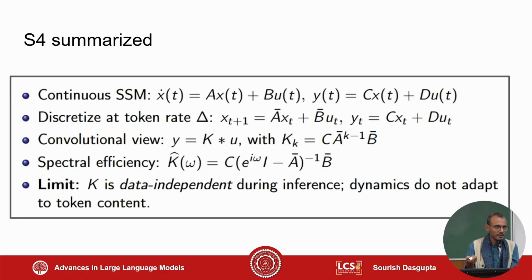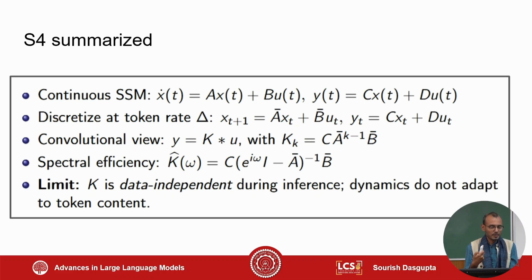You discretize it at token rate delta and make it like that. You convolute it, which means you don't like the sequential memory. You make it a summation, and then you don't like the summation. You think there is a better way of doing that quickly, so you convert everything into a Fourier transform, right?